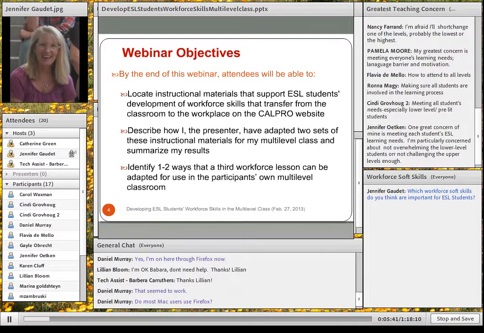So I'm going to go through some suggestions that I have used, and then I'll be asking all of you to type in ideas for a 3rd lesson and how you might adapt it for your multi-level classroom.